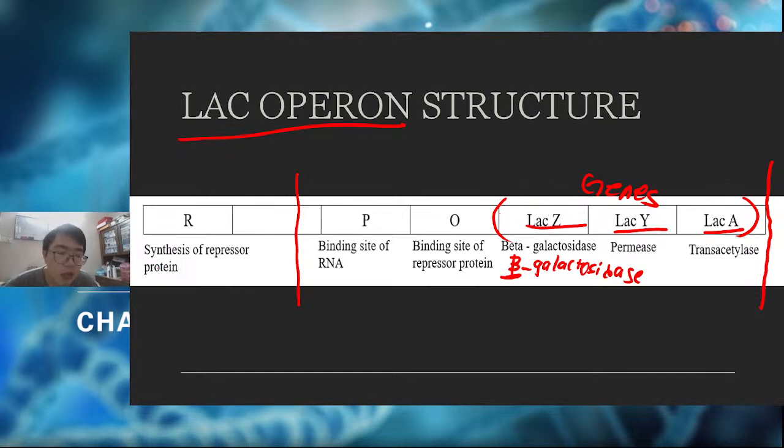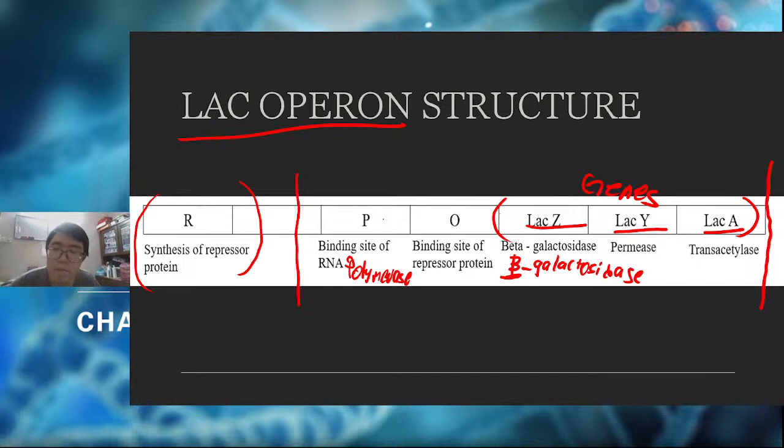But you can see that the diagram also contains a regulator. The regulator is not involved in the definition of the operon system, so if you write the definition of the operon system, you cannot include the regulator. But why do we also need the regulator? The promoter is the binding site of RNA polymerase. You already learned transcription, right?